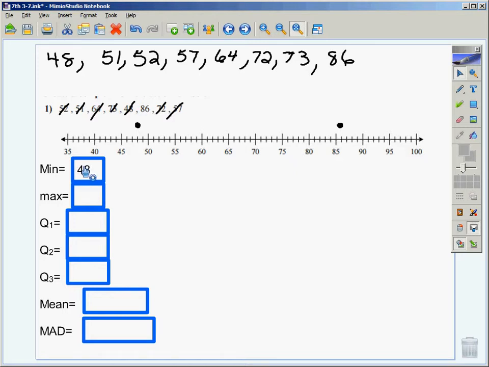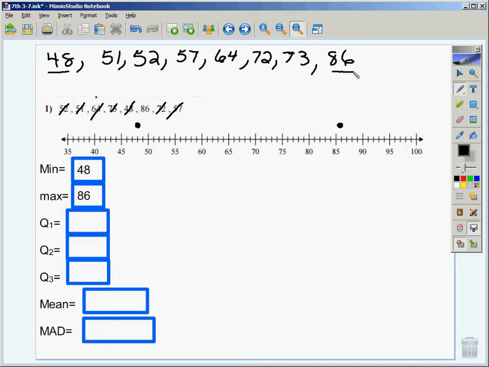The minimum is 48. And what is the maximum? I want you to keep track of these pieces on this problem. I want you to know for sure what the min is, what the max is, what the 3 quartile markings are. So, the minimum is 48. The maximum is 86.